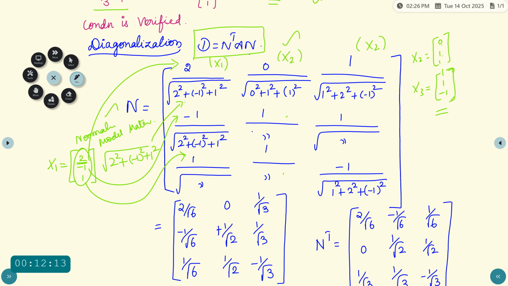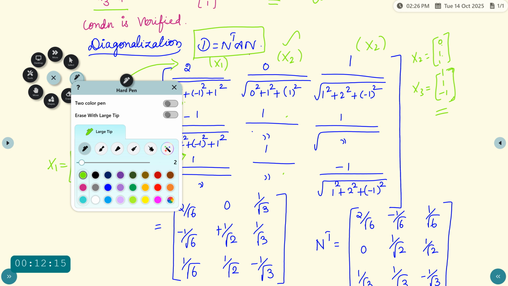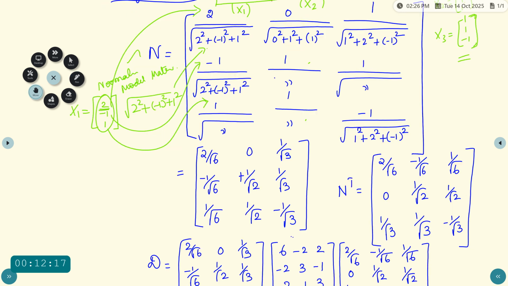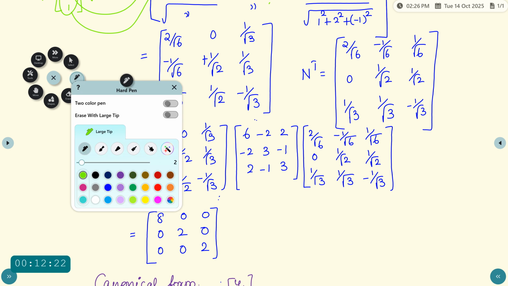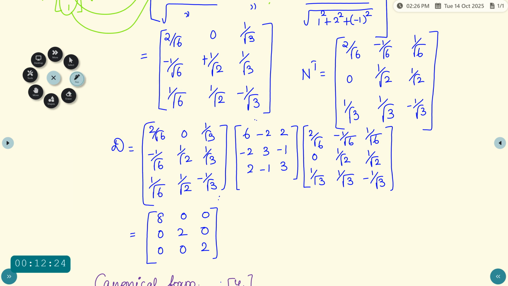So, simplifying this, you are getting N equal to 2 by root 6, 0 and 1 by root 3; minus 1 by root 6, 1 by root 2, 1 by root 3; 1 by root 6, 1 by root 2, minus 1 by root 3.